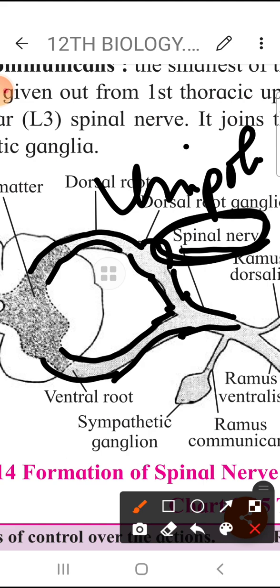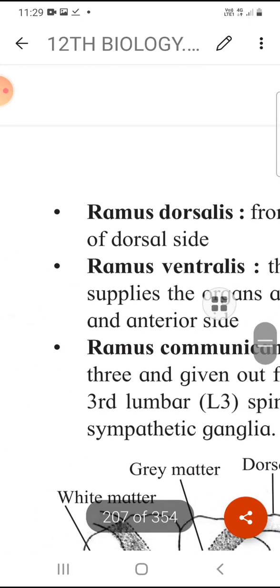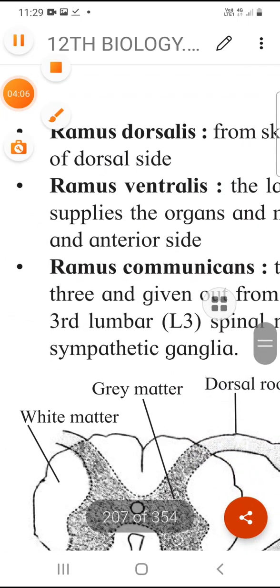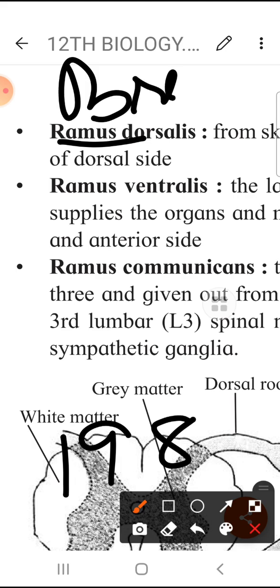What is formed by a combination of dorsal root plus ventral root? Spinal nerve. So when you say the spinal nerve, once it comes out of the intervertebral foramen, I'm going to show you what the intervertebral foramen is. It quickly divides itself into three parts, which are these three parts here. You can see on page 198. First is ramus dorsalis, ramus ventralis, and ramus communicans. Ramus is a very simple word. Ramus means branch.